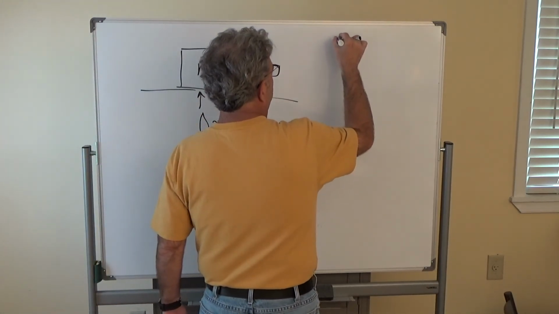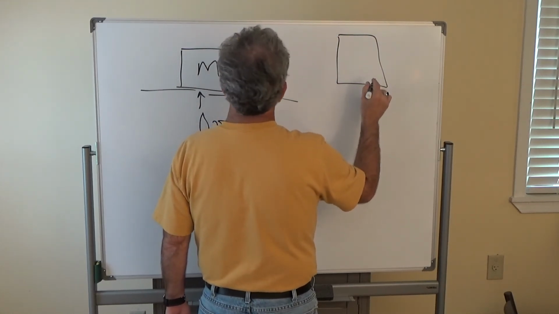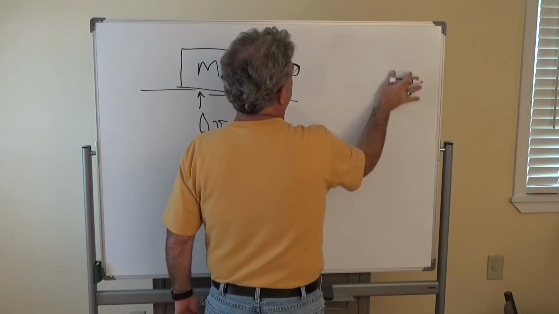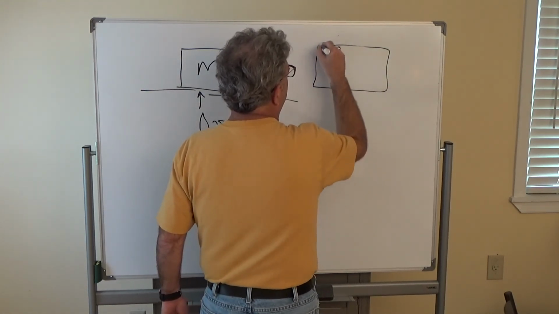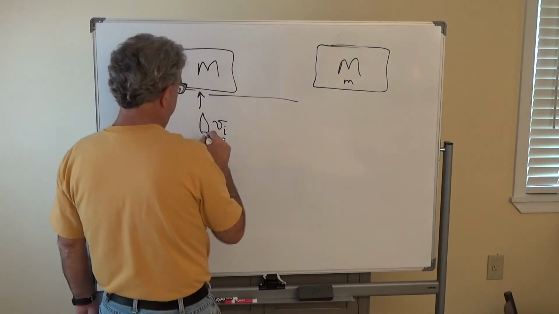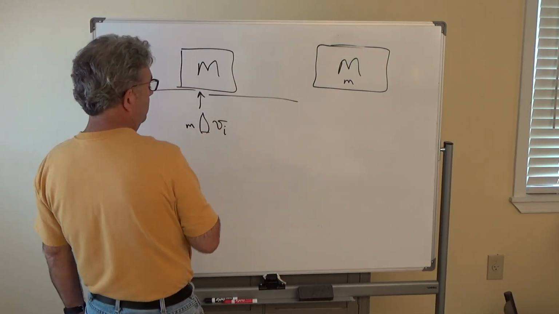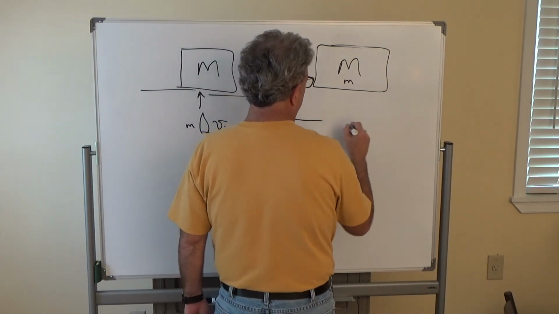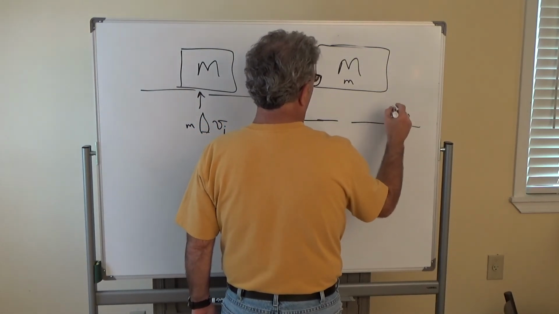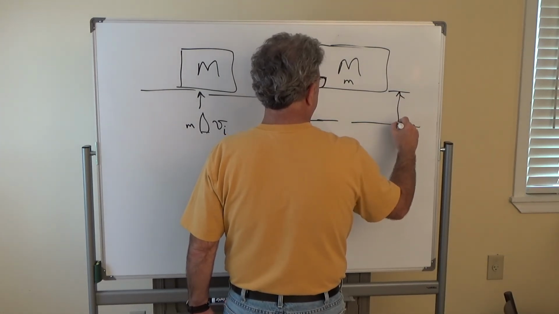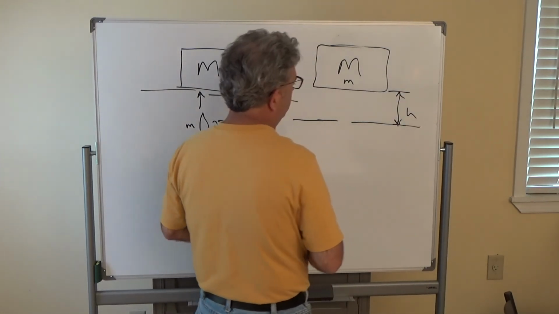The block, and it's not a very consistent block, the block and little m, this has little m, rise up from the table to some height h. Okay?